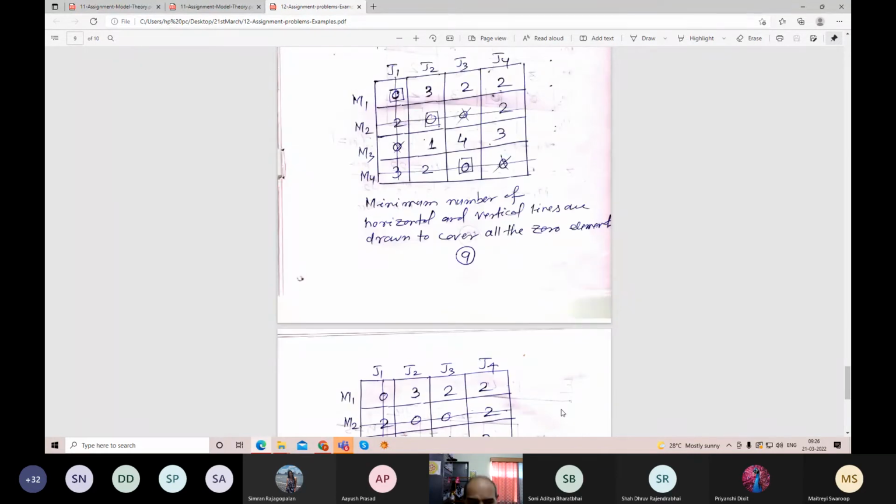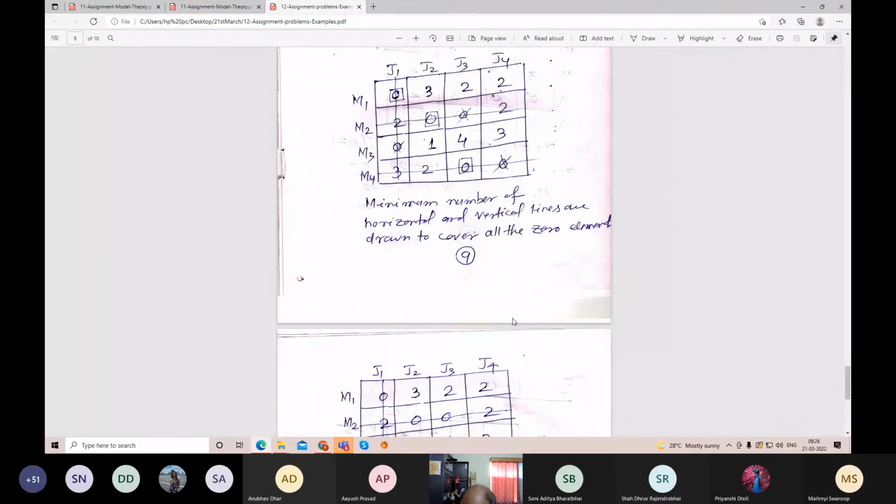Here we observe a difference between the transportation problem and the assignment problem. What is the basic difference between a transportation problem and an assignment problem? Who can say? Hello? What is the basic difference between a transportation problem and an assignment problem?